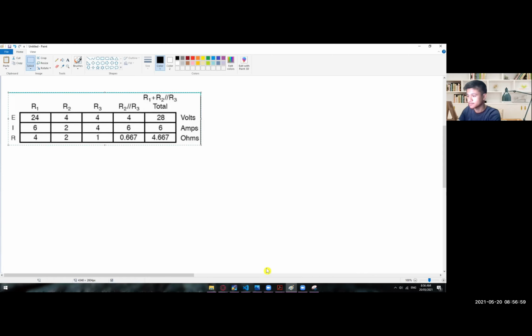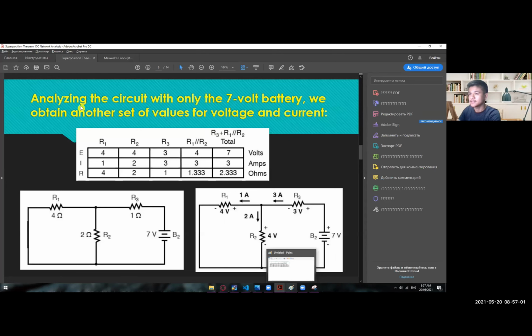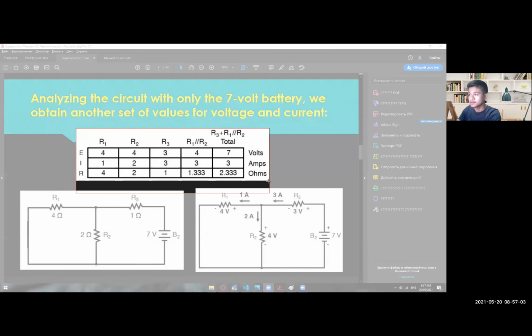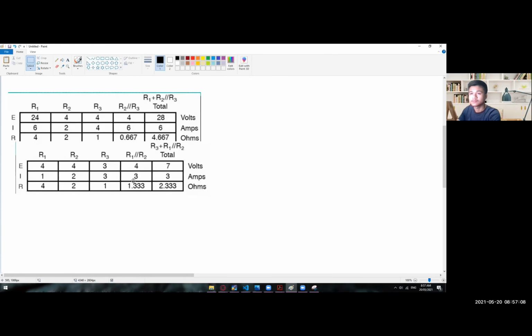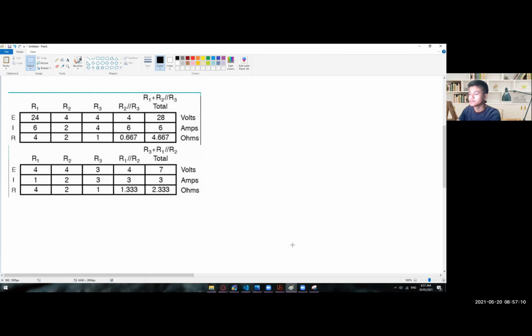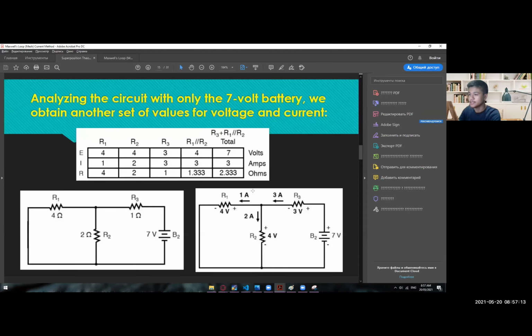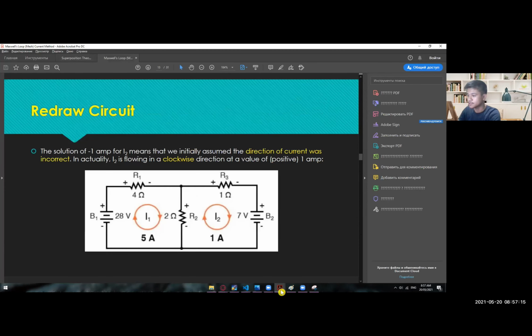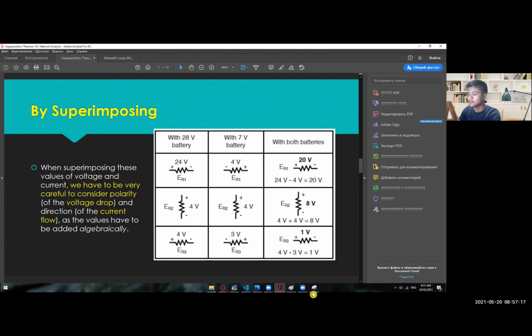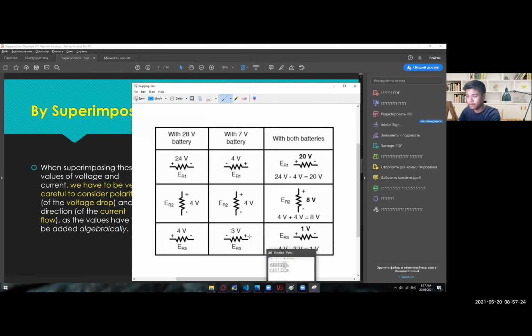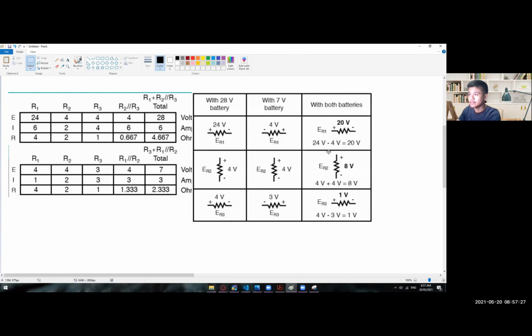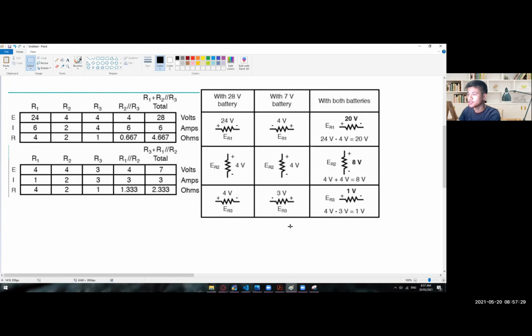Here's the second table, and for the superimposed values, we have this one. This one is only for the voltage, and we have another table for the current, but let's have the voltage values for now.